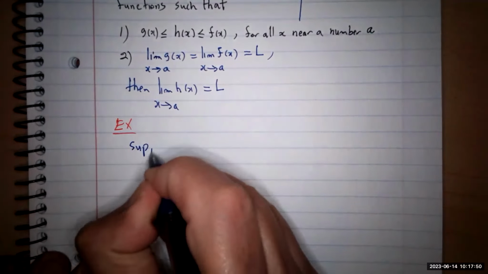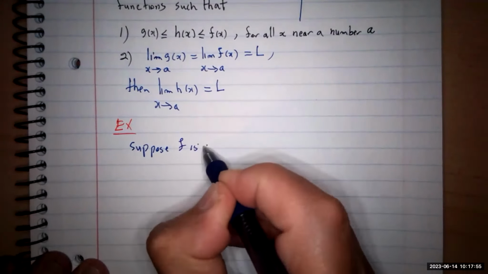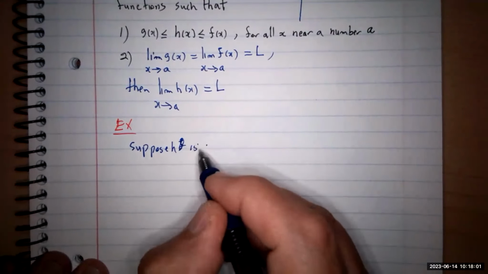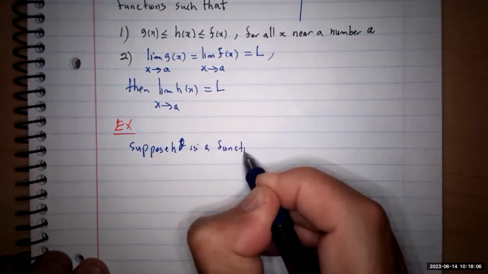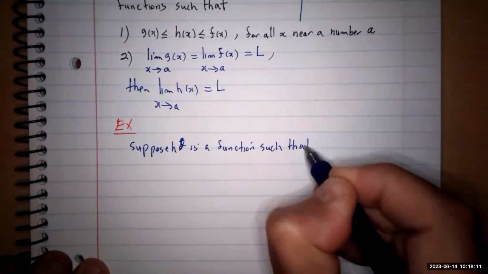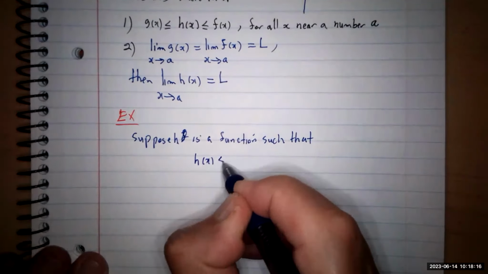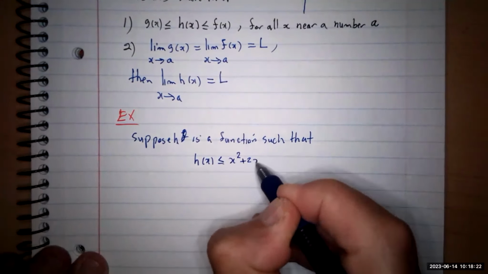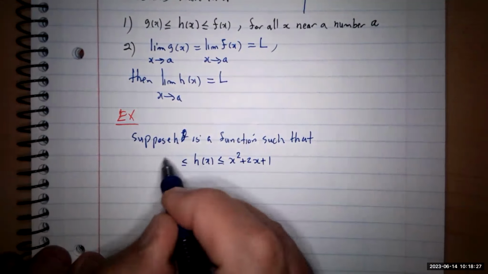Suppose h is a function such that you don't have any formula for h, but we have the inequality that h of x is less than or equal to x squared plus 2x plus 1, and it's greater than or equal to 2x plus 1.